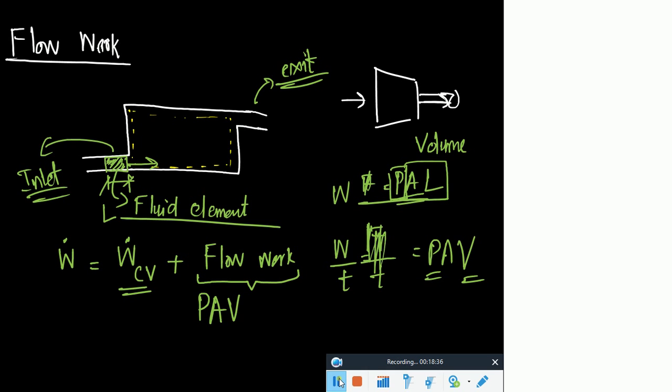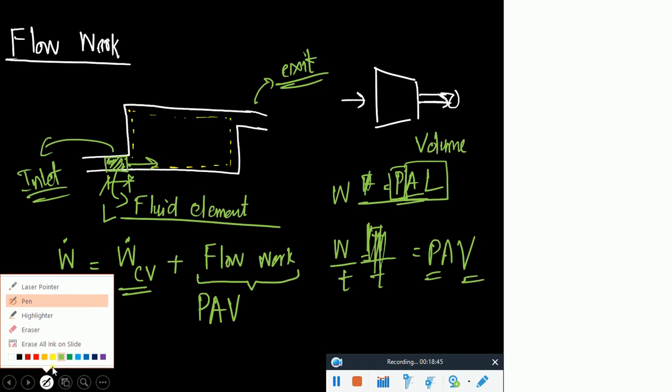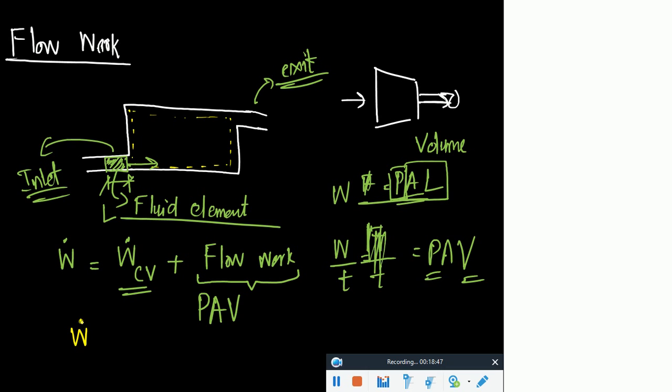Because this flow work interaction occurs both at the inlet and the exit, what I can say is this W dot, I would represent as W dot CV plus PE, VE, AE, and then PI, VI, AI.